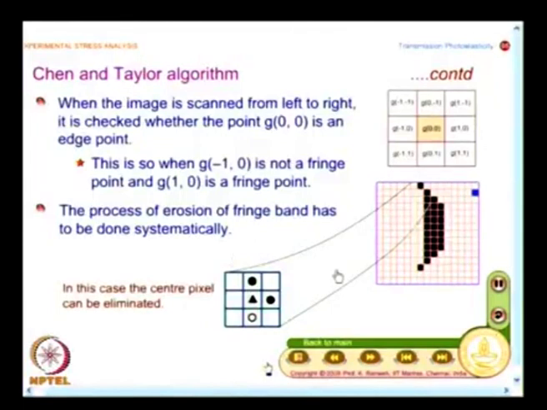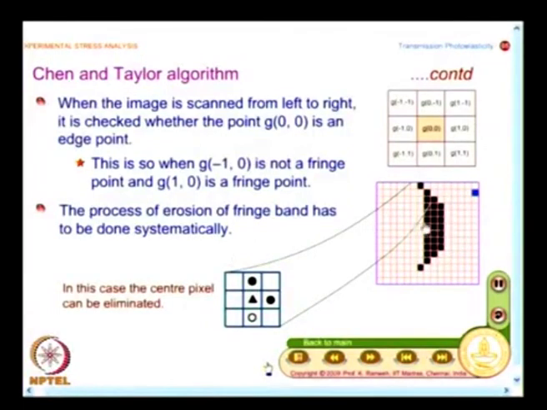So, if you do the image scan in all these 4 directions, it would eliminate some pixels, and it depends, and we have already seen when you look at a fringe, the thickness of the fringe varies, dictated by the gradient. In low stressed areas, fringes will be very broad, in high stressed zones, fringes will be very sharp. So, depending on the fringe width, the process will take time.